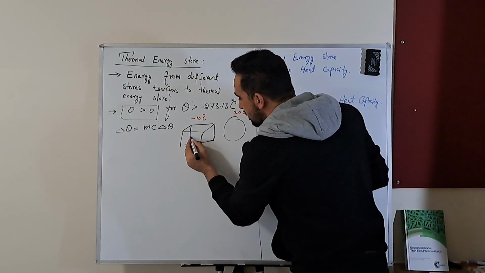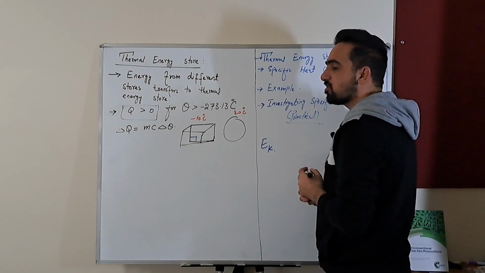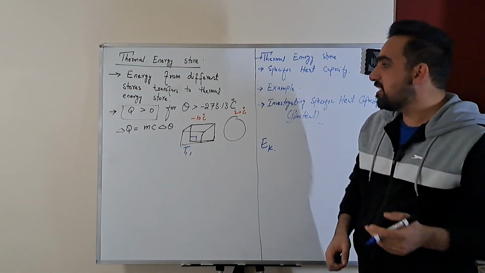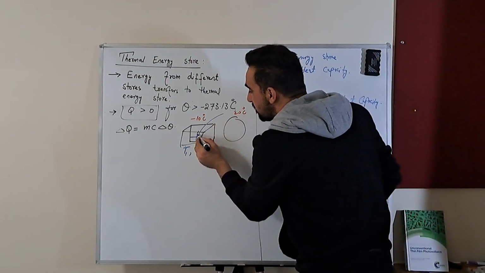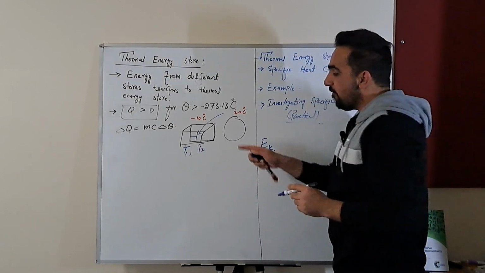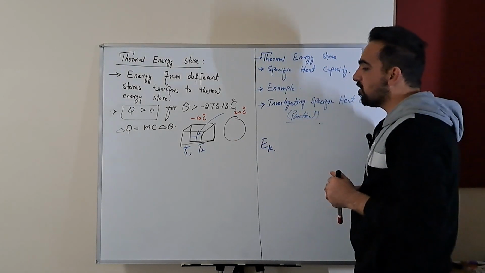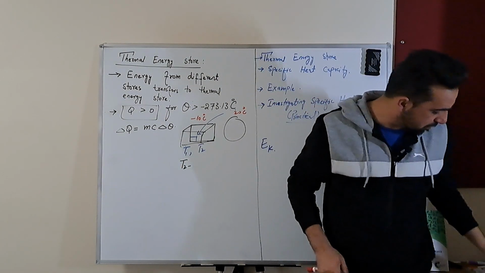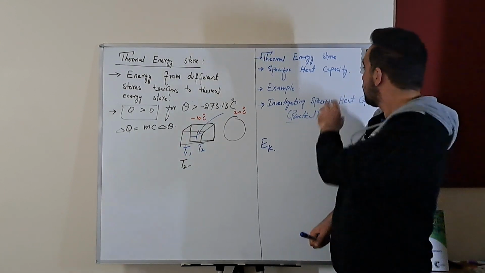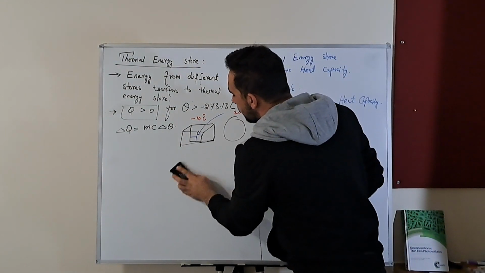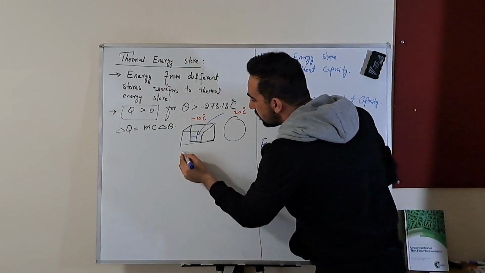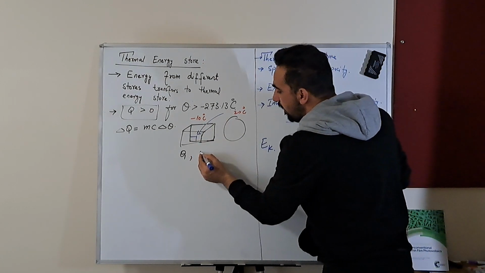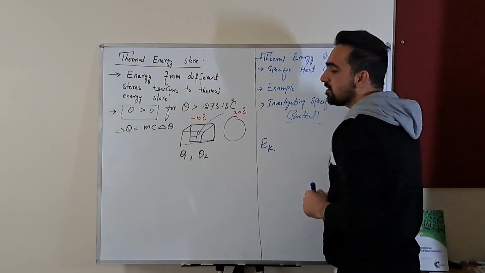So that's the property of thermal energy. If an object has some thermal energy in its thermal energy store, I will call it is at temperature T1, and when more energy is added to it, it will change the temperature from T1 to T2. Let's use the appropriate symbol that we have been using. Instead of representing temperature with T, let's just represent it with theta. So it is at temperature theta 1, and when the energy flows into the store, it goes to temperature theta 2.